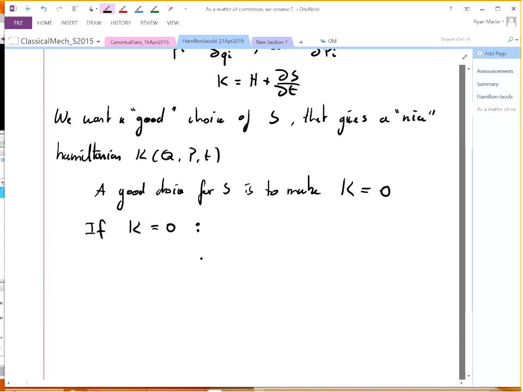So if K equals 0, then the canonical equation Q_i dot, which is ∂K/∂P_i, would be equal to 0. Similarly, P_i dot, capital P_i dot, which would be minus ∂K/∂Q_i, is also equal to 0.